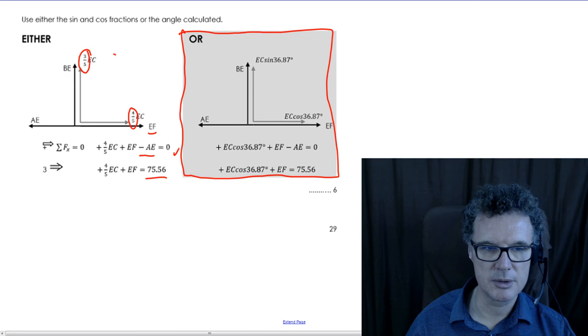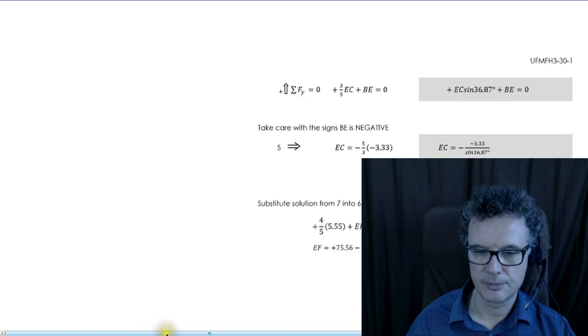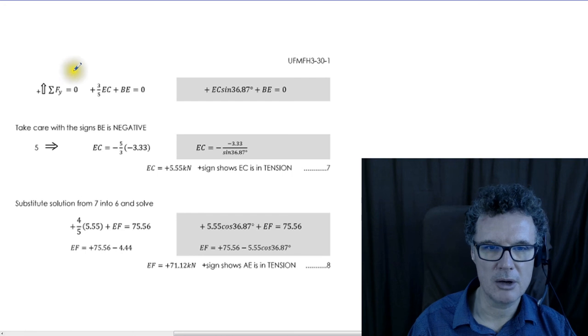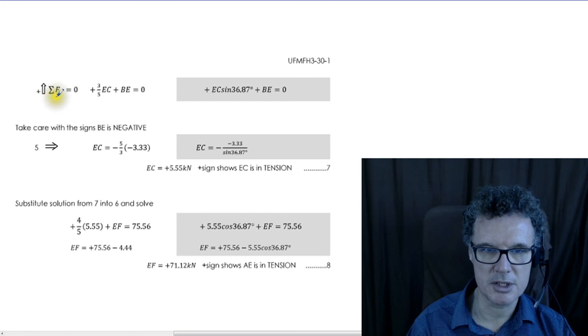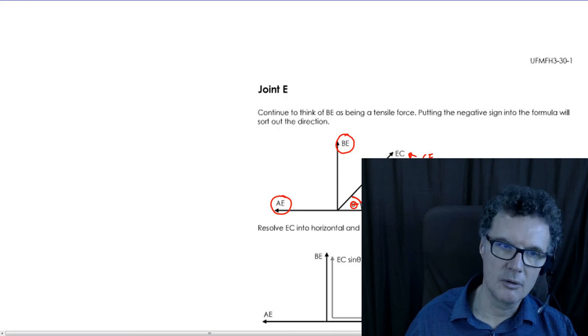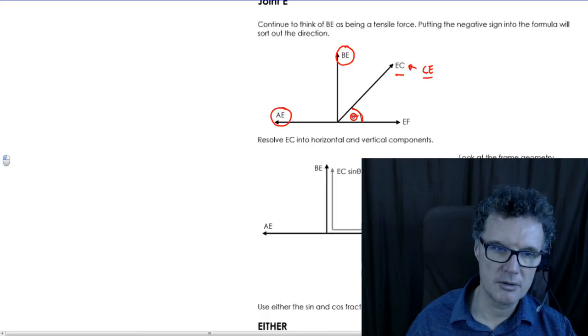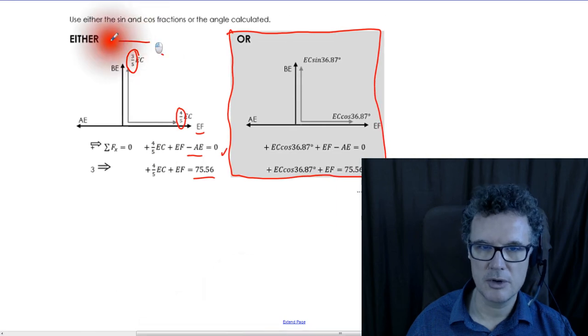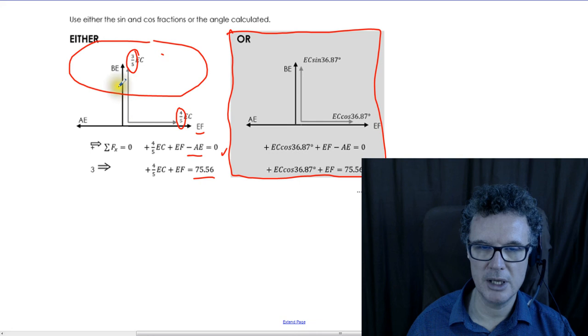Okay, last page. So here, if we now resolve upwards, resolving upwards is actually a good plan to do. Got positive numbers on the left-hand side. So I'm resolving these two values upwards, so that just leaves me with BE plus 3/5 EC.